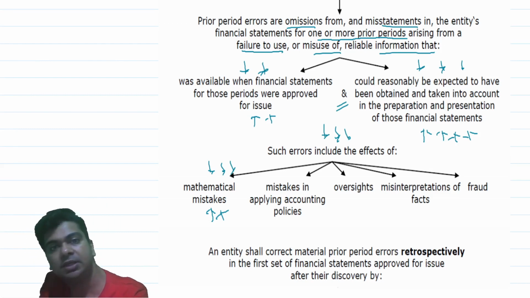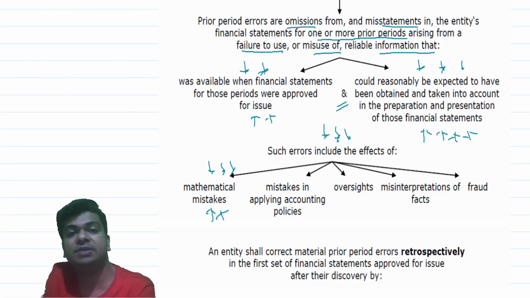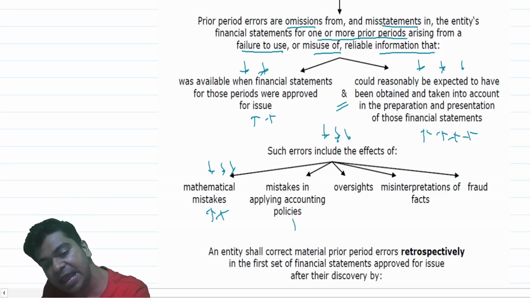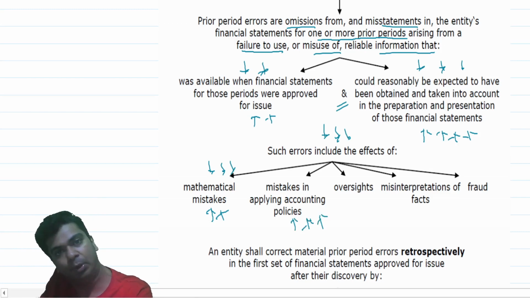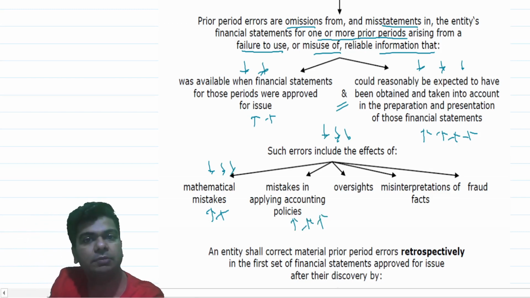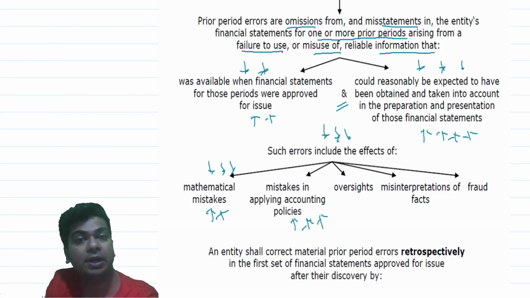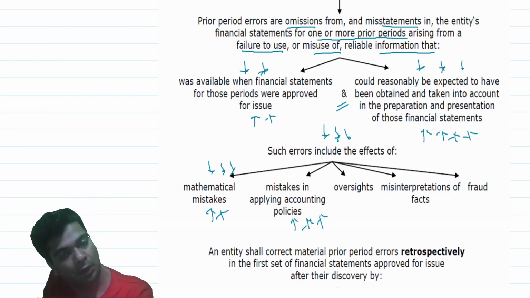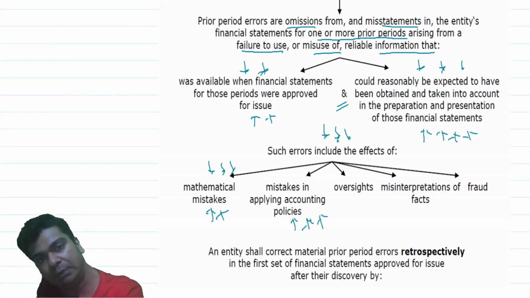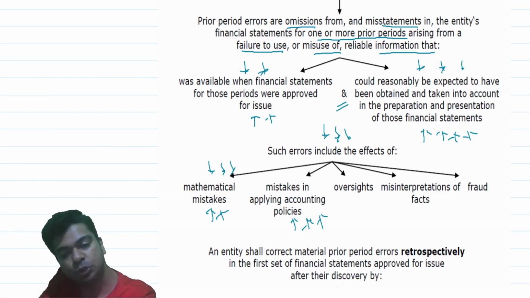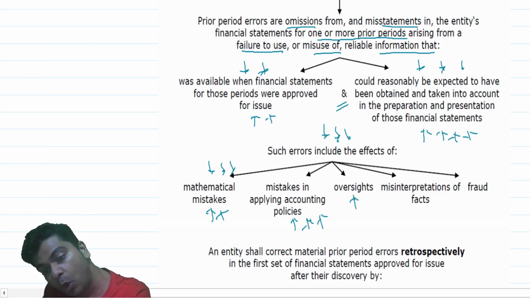In the current year, since this item is relating to the previous year, I will consider that as a mathematical mistake. Mistake in applying accounting policies. Certain items were required to be capitalized to the cost of the PPE, but instead they got debited to the profit and loss account. I could not apply the accounting policy properly. Yes, this is also giving rise to a prior period item.